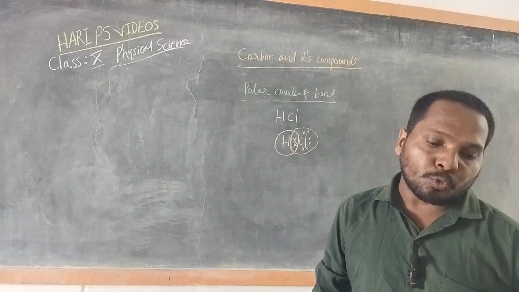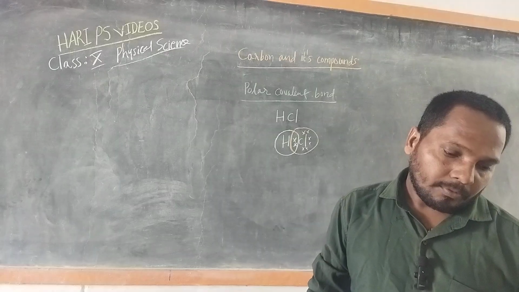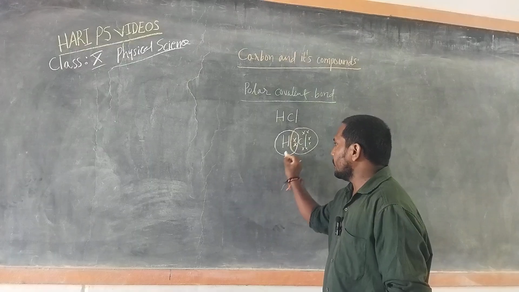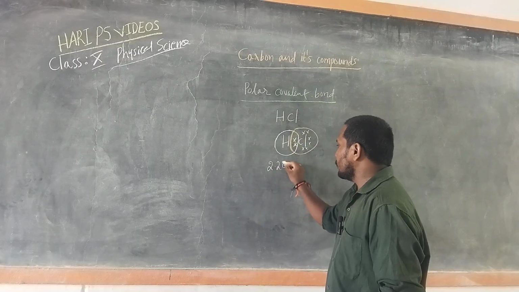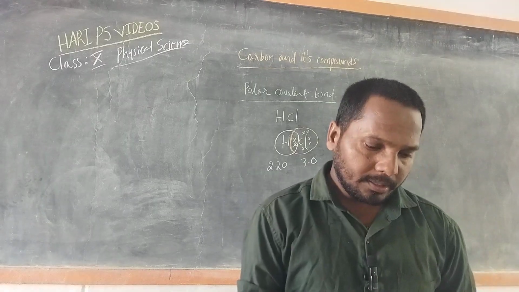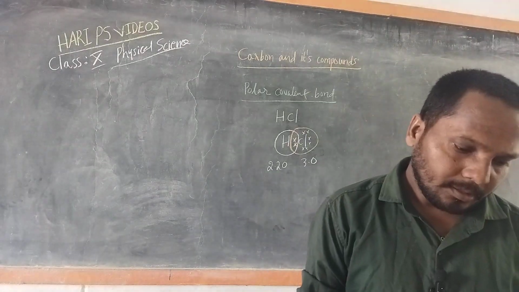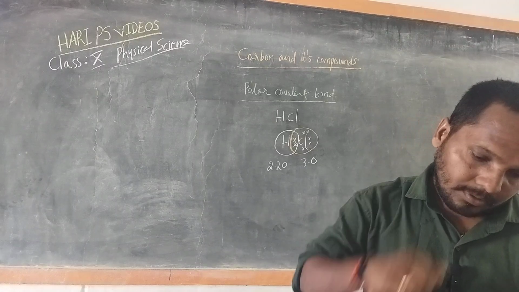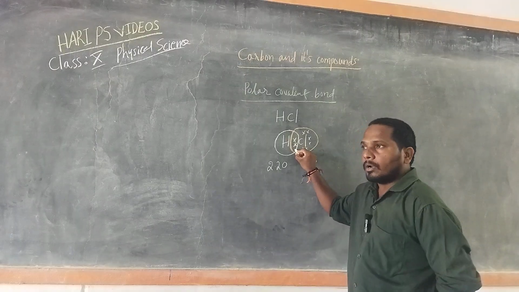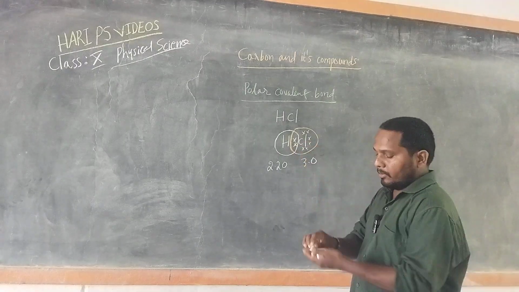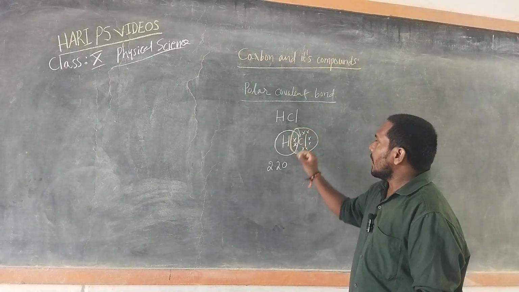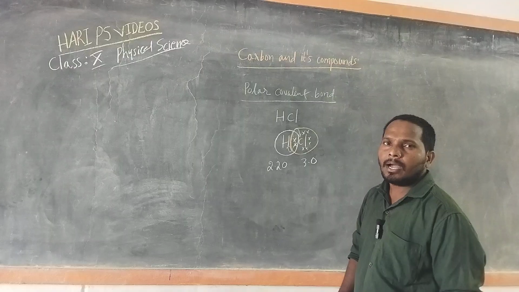Electronegativity of hydrogen is 2.20, whereas chlorine is 3.0. Right? So, these bonded electrons are attracted more towards the chlorine, and less towards the hydrogen.